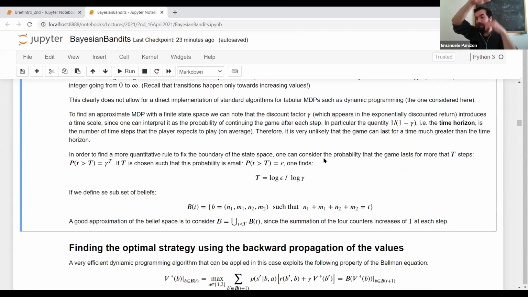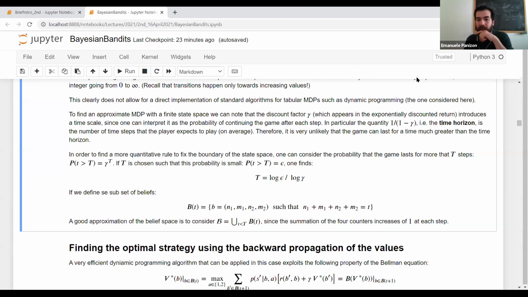So we can say, okay, let's create a boundary far enough from the center, and I will be sure that I will have spent so much time around there that the rewards from there on will be so insignificant for my value that I can discard them.